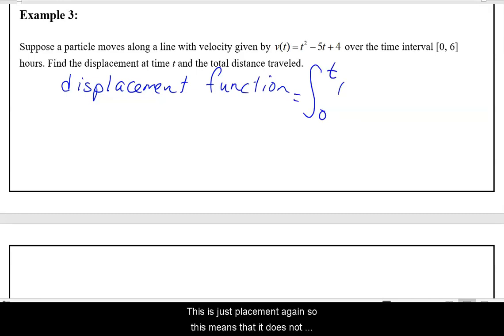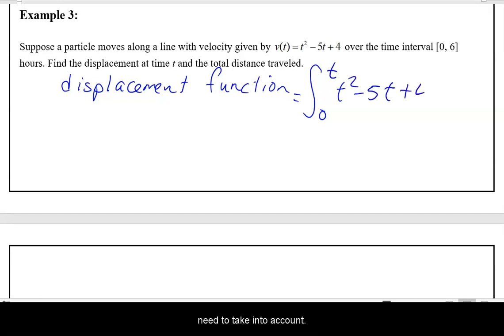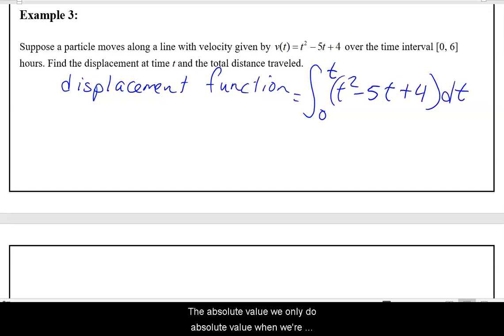This is displacement again, so it does not need to take into account the absolute value. We only do absolute value when we're looking for total distance, not net distance, which is displacement. In this case, I'm not going to split it separately. I'm simply going to do it in my head.